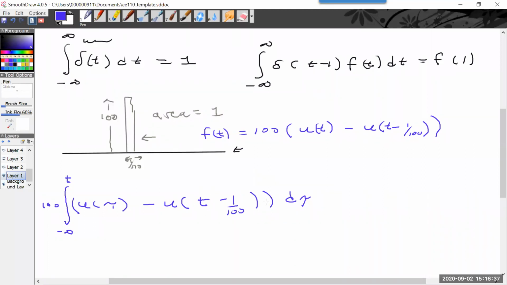So we have our integration variable tau, right? And I can break this up into two functions, right? So I'm going to have 100. And I'm just going to quickly, right? If I start integrating at 0, then this just becomes 1, right?